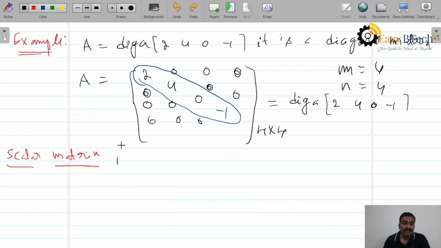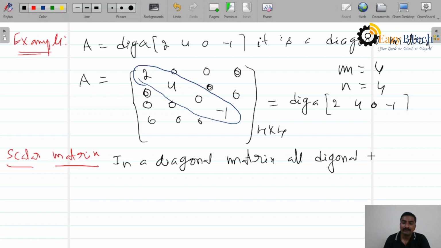In a diagonal matrix, if all the diagonal elements are the same, then it is called a scalar matrix.